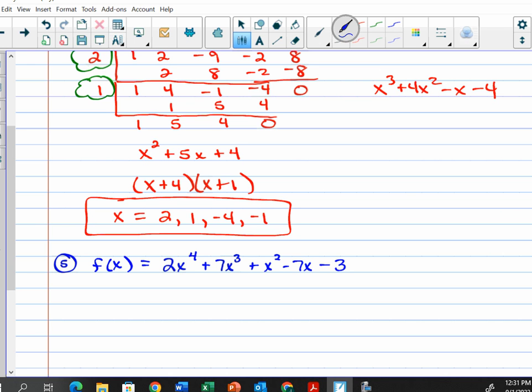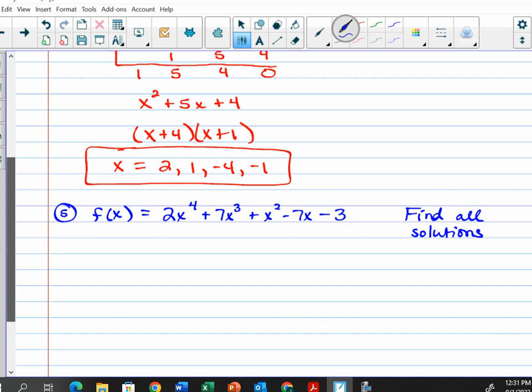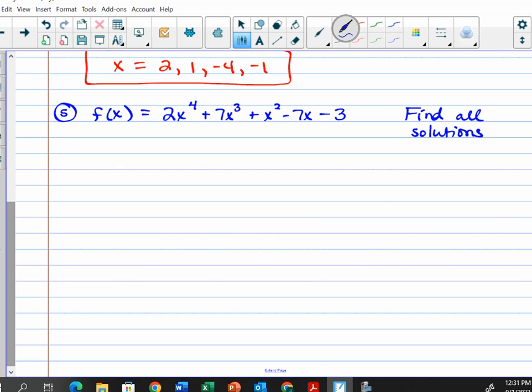So you guys are doing the whole thing this time. Find your P over Q list and find all solutions. I'll give you a minute here.